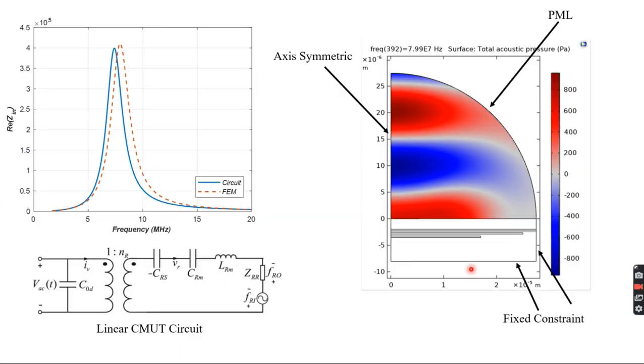And just to show you how accurate it is, let's construct a 2D axisymmetric model having the same dimensions. You can see there are two aluminum electrodes, and then there's a 250 nanometer gap in between.